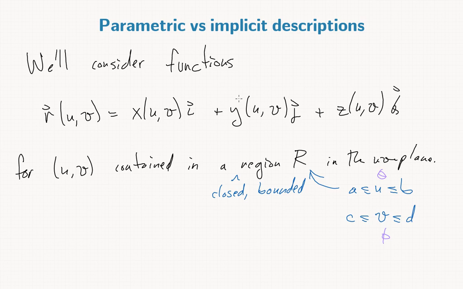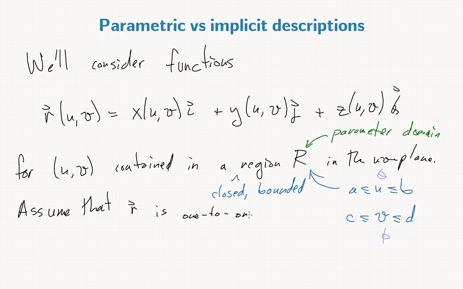So R is called the parameter domain, and we'll assume that r is 1-to-1 on the interior of R. So if we have two different points in the interior of R, they can never go to the same output, but we relax that on the boundary.